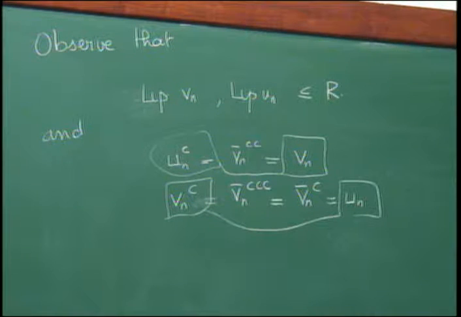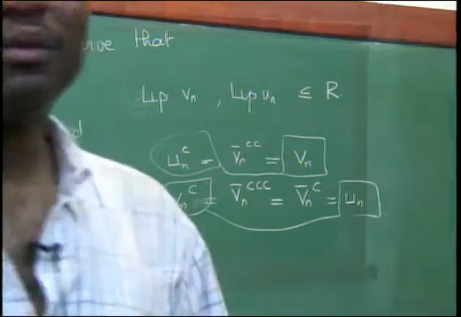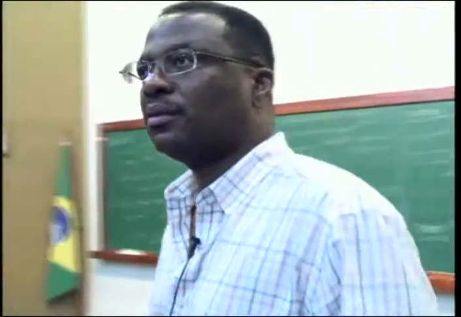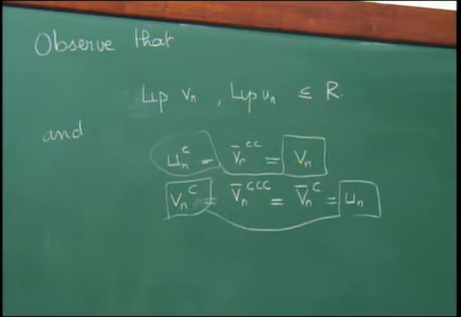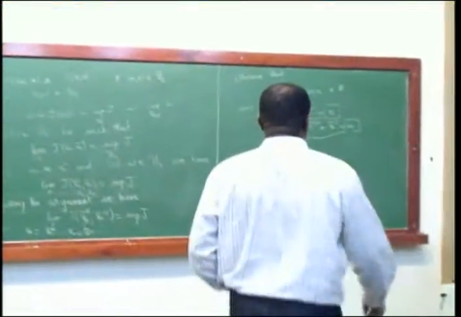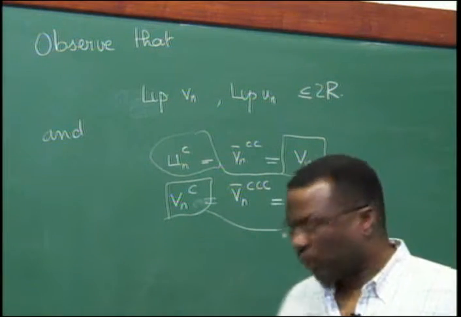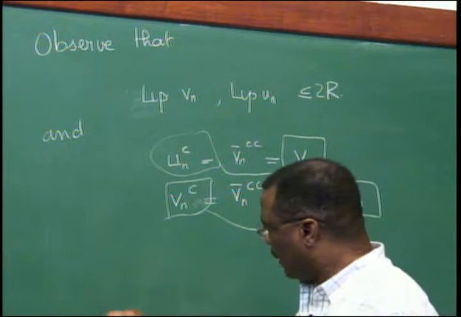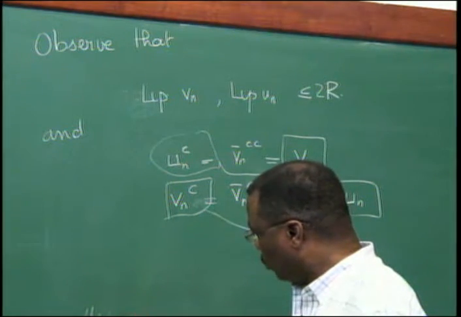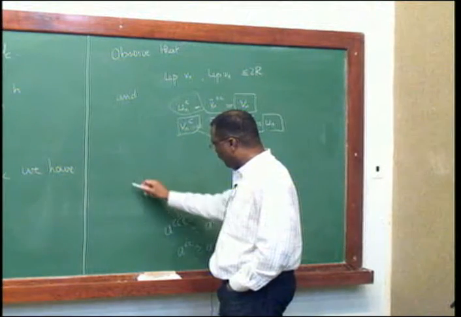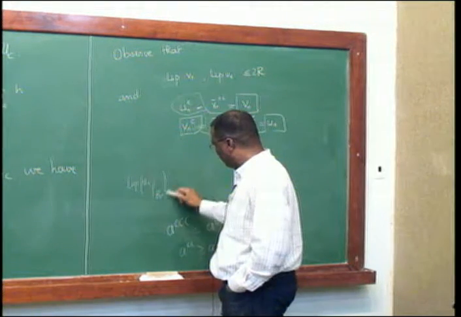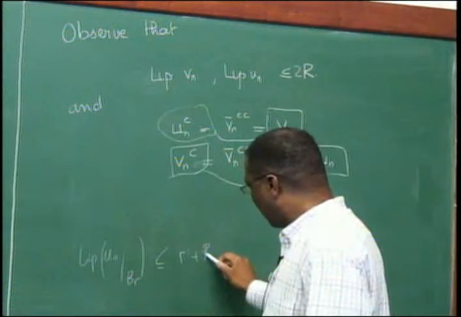Yes? Didn't we show that those Lipschitz constants of vn and un were less than some sup of the gradient of h on the big ball, of radius r plus little r? Yes. Because you wrote less than r instead. Less than 2r. So we wrote that if you look at the restriction of un to the ball of radius r, the Lipschitz constant is less than r plus r.